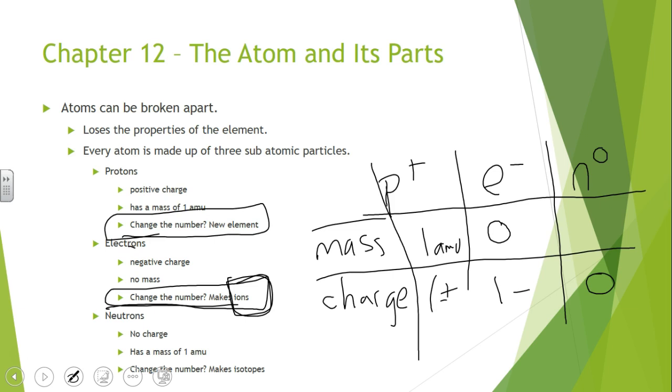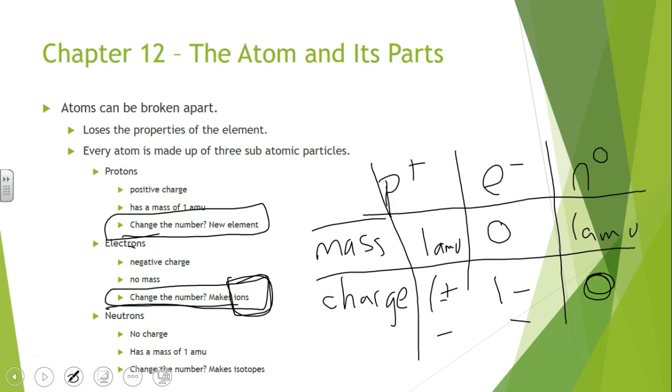When you take a 1 plus charge and a 1 minus charge and put them together, you get no charge. They cancel each other out. We can do the same thing with mass. A proton has 1 AMU, an electron has 0 AMU, so a neutron has 1 AMU. That idea isn't entirely scientifically accurate, but it's mentally pretty good for remembering what all the parts are and their masses.